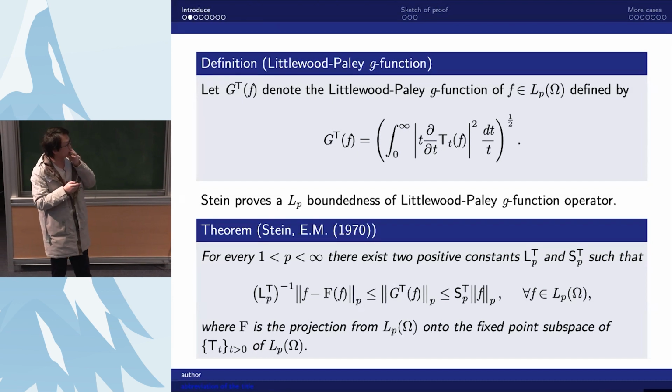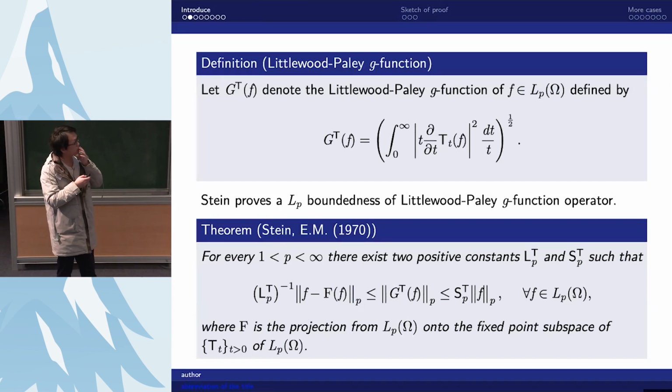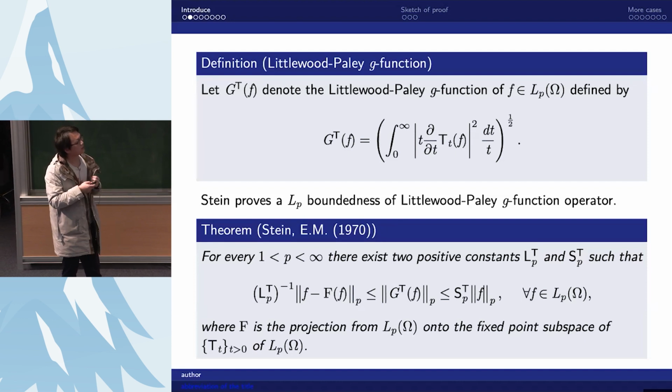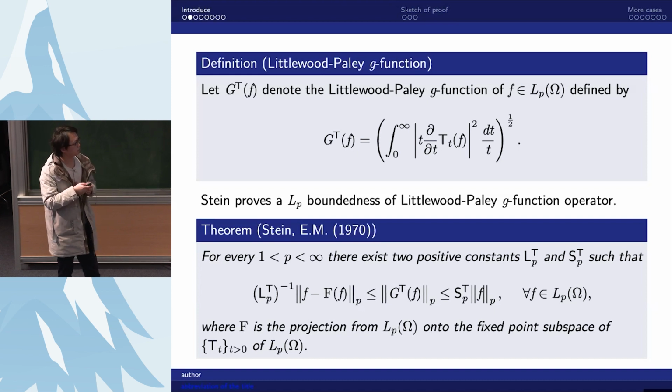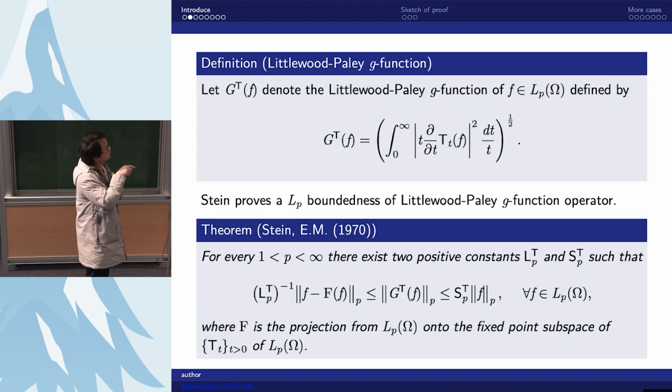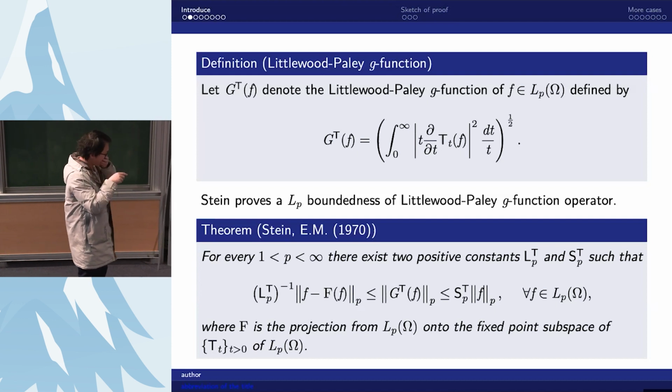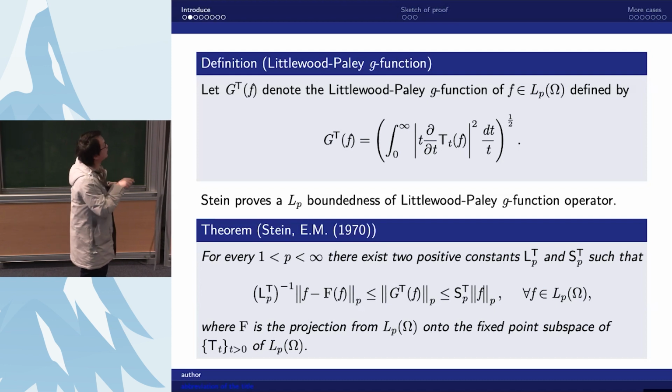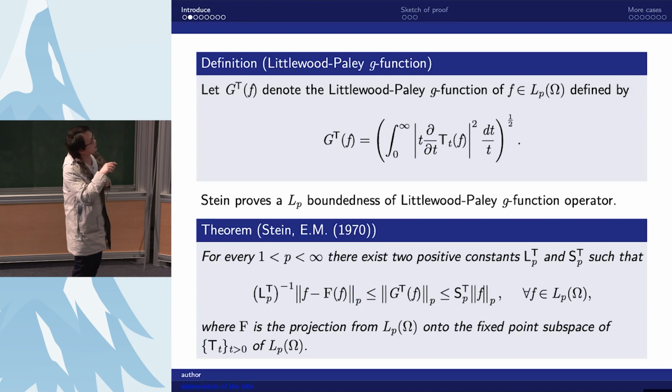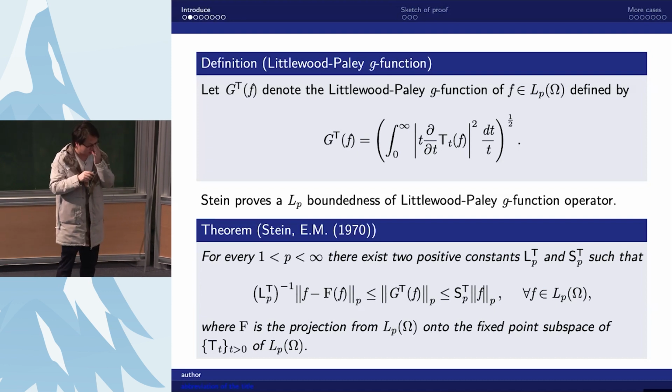In his book, he showed that for every p bigger than 1 and less than infinity, there exist two positive constants, L_p(T) and S_p(T), such that the left side is the L^p norm of f minus Pf. Here P is the projection from L^p(Ω) onto the fixed point subspace of T_t.